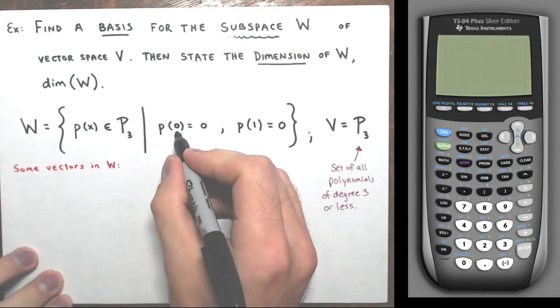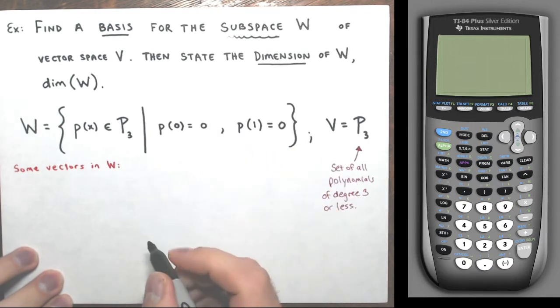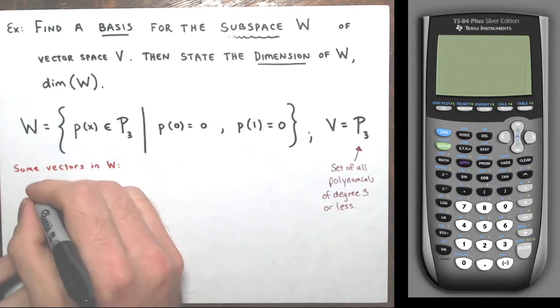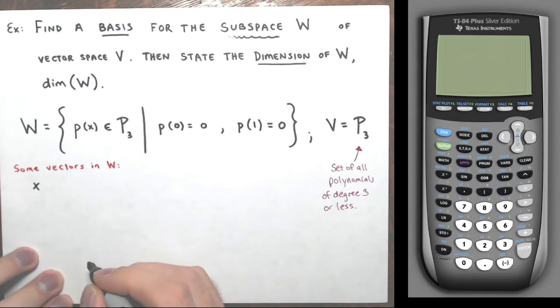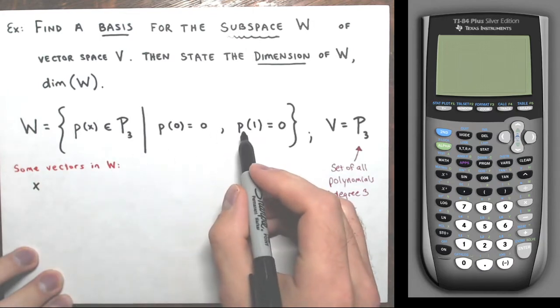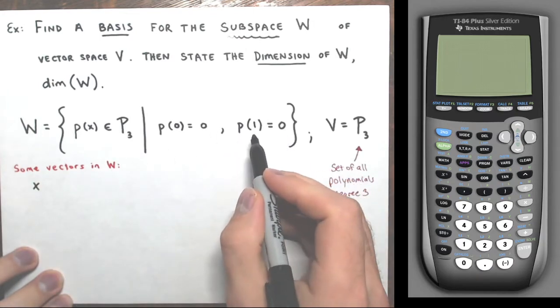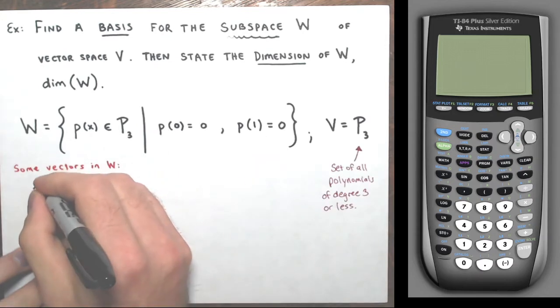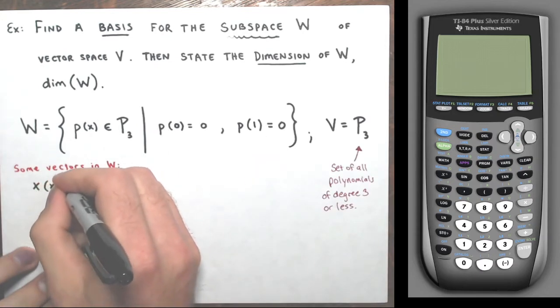Well, if I plug in 0 to a polynomial and get 0 as an output, that means that x is a factor. And if I plug in 1 and get 0, that means x minus 1 would have to be a factor of the polynomial.